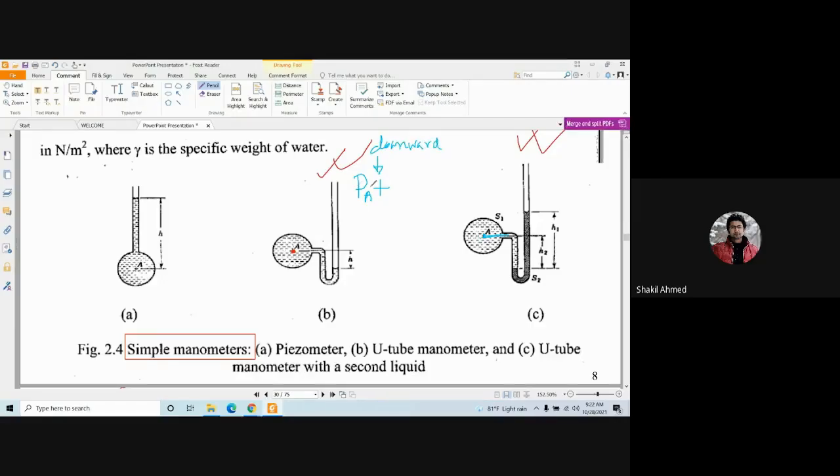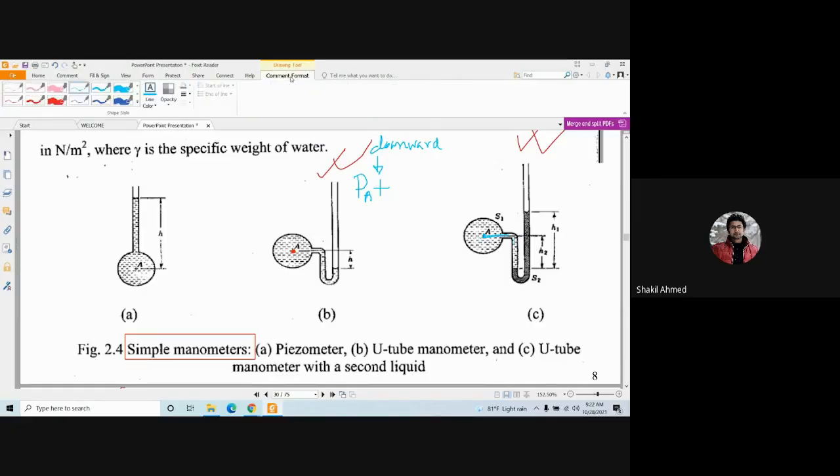Clear? How far are you going? You are going from there to there. What is this height, guys? H2, the vertical height. And we are using height to represent pressure, right?